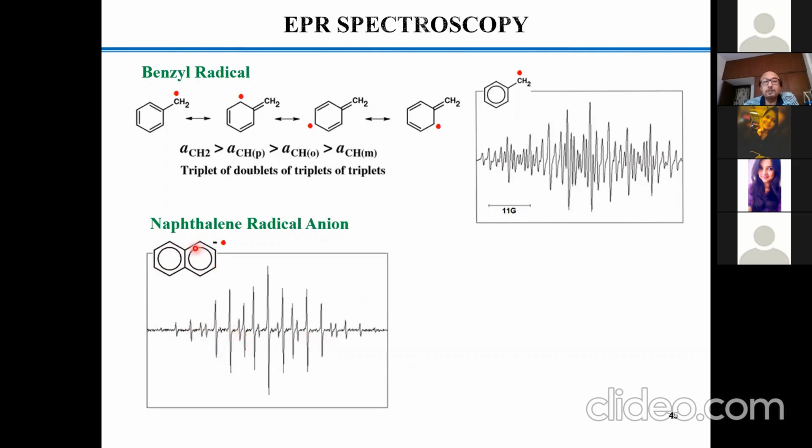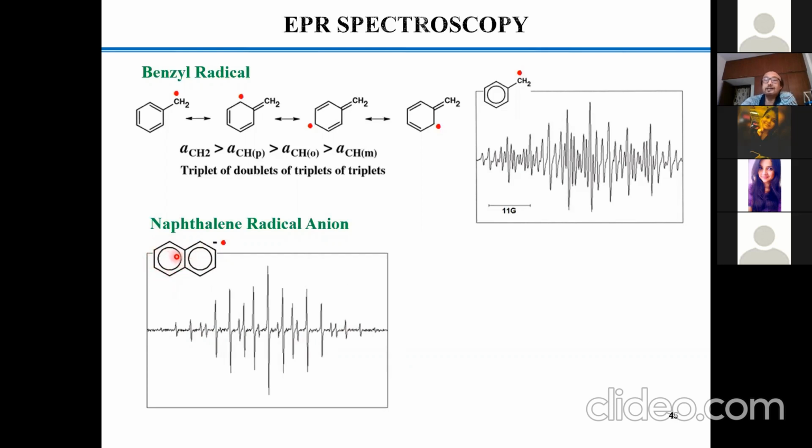So that possibly explains that this particular electron is essentially localized within this ring, and that's why these 3 protons are equivalent, and they are different with respect to these 4 protons attached to the other fused ring.